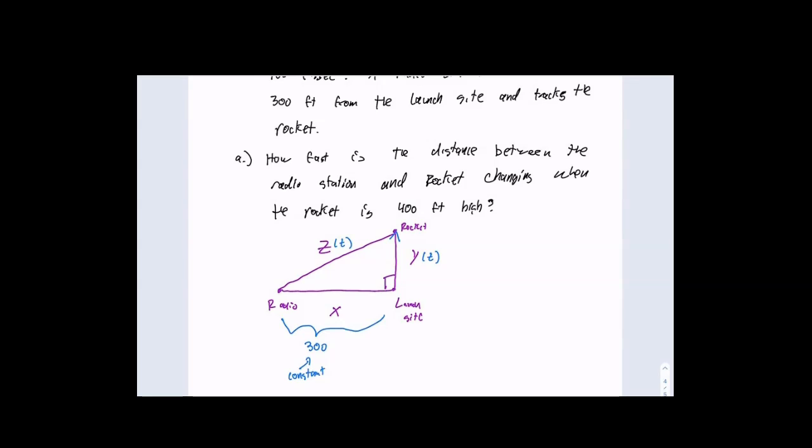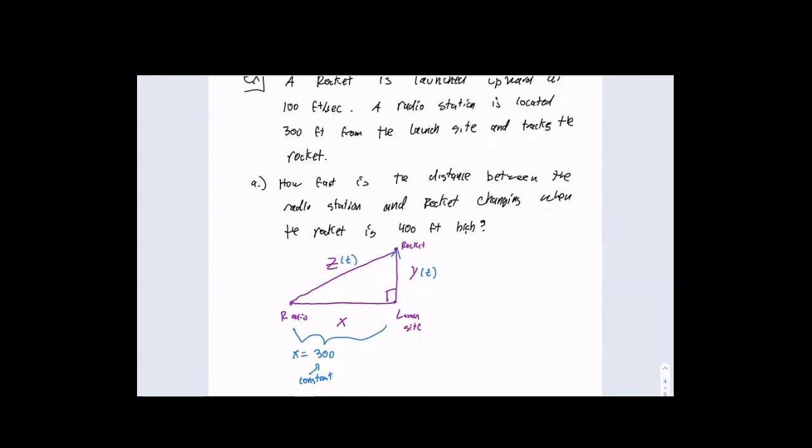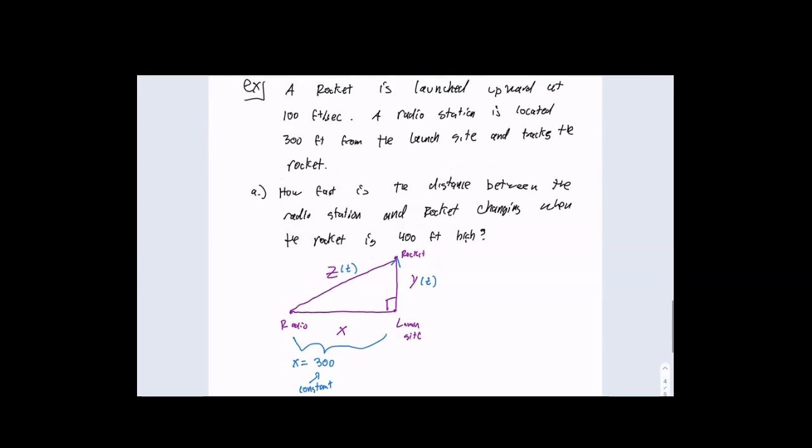Next piece of information is what do they tell me and what do they ask for? So what other information do they give me? First thing, if I read the sentence, the first thing is 100 feet per second. What is that? Is it Y? It is not y. I can tell you it's not y because it has per second.